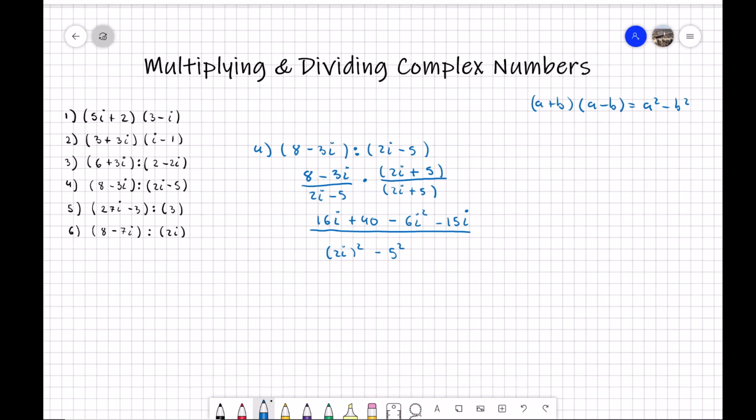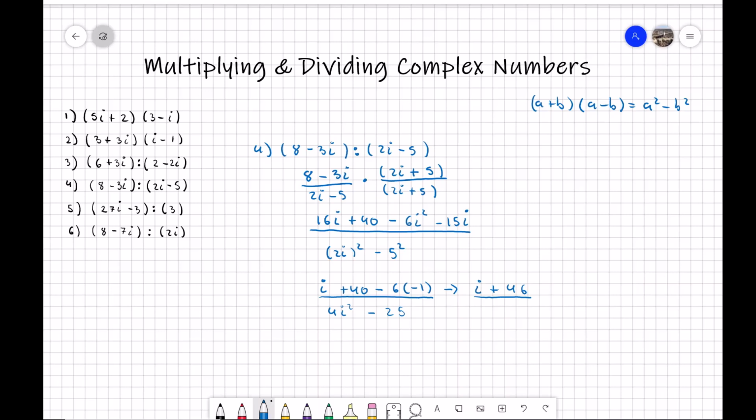And now at the top we're gonna have 16i minus 15i, which is just i, plus 40 minus 6 times negative 1, because remember i squared is negative 1, right? And this becomes i plus 46, right? And now at the bottom we have 4i squared minus 25, right?